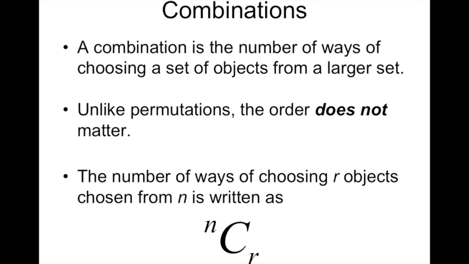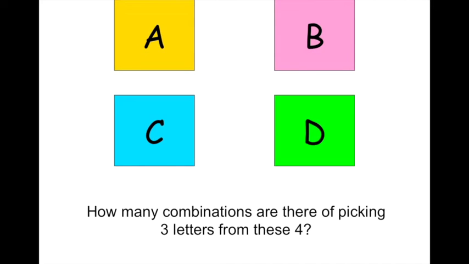So let's have a look at an example and try and come up with our formula. Let's think about the number of combinations there could be of picking 3 letters from these 4, A, B, C, and D. I've deliberately chosen a low number of letters so that we can easily work them out. Obviously, if there's lots of letters, this starts to become very complicated to do by hand, and that's why we need the formula.